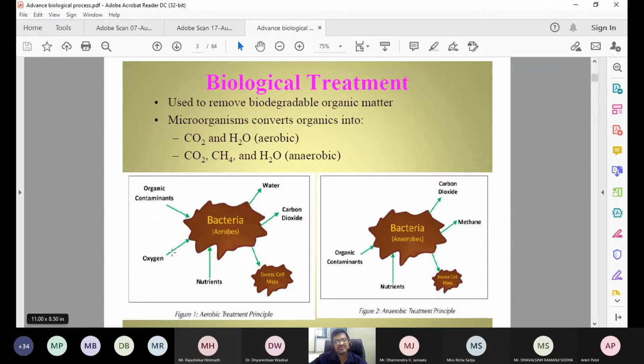Organic matter plus oxygen gives water and carbon dioxide. Carbon dioxide is released, and in that way bacteria also reproduce by binary fission. When they get food, they reproduce, from 1 to 2, 2 to 4, 4 to 8, like that they are increasing.